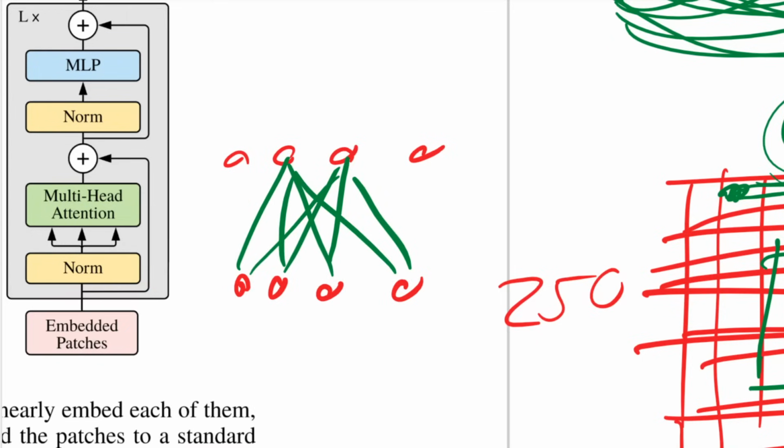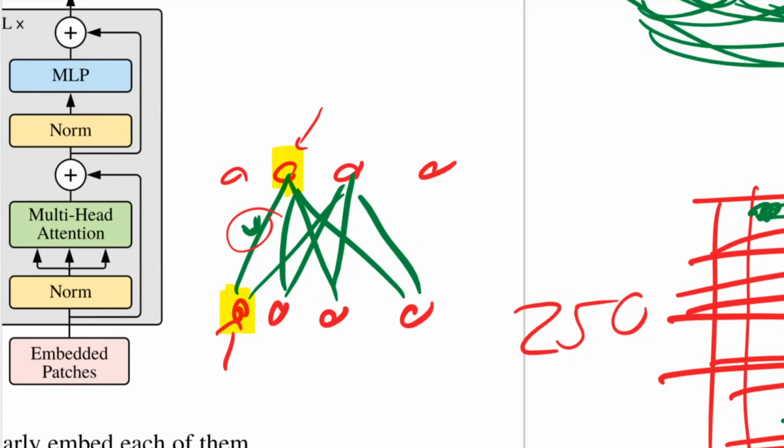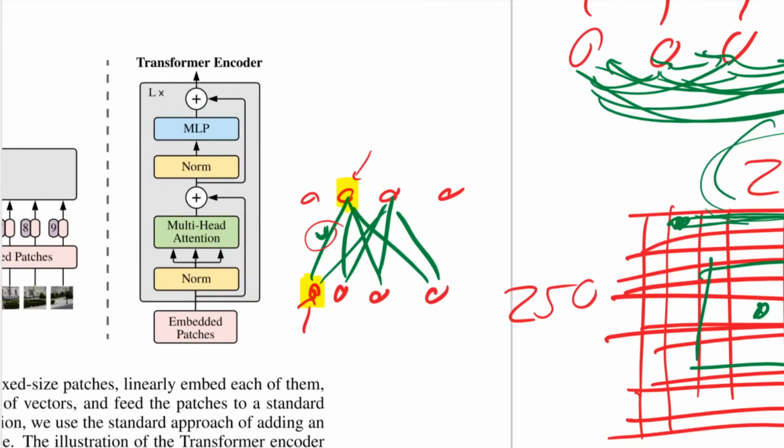So this node here will always attend to this node here with the weight that's specified by this particular connection. However, in a transformer, this W isn't a fixed number. In a transformer, this W is computed on the fly, and that's dependent on what these exact nodes are. And therefore, while the MLP knows where information comes from, the transformer doesn't. The transformer computes on the fly and therefore is permutation invariant.